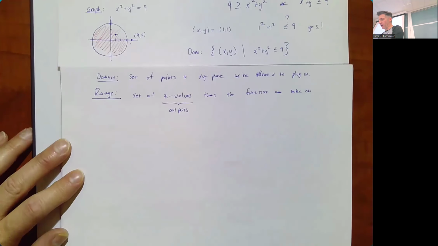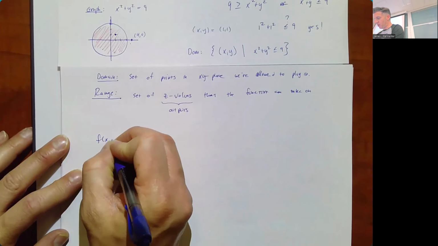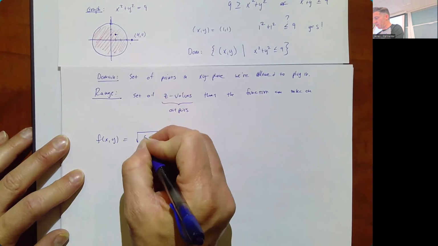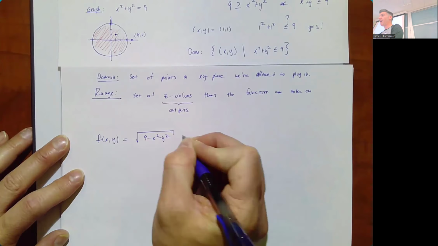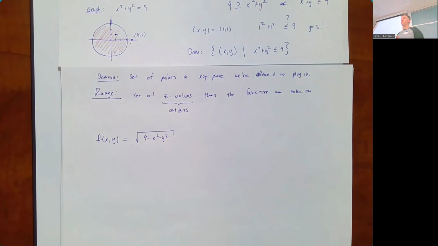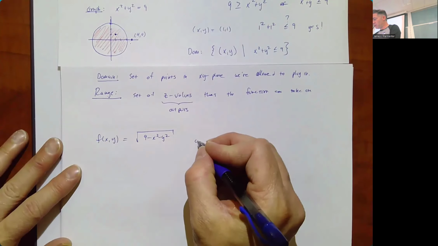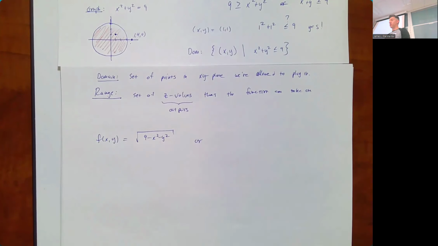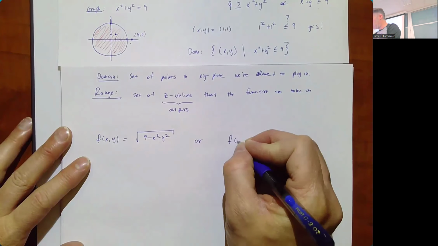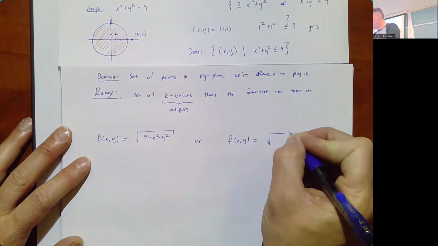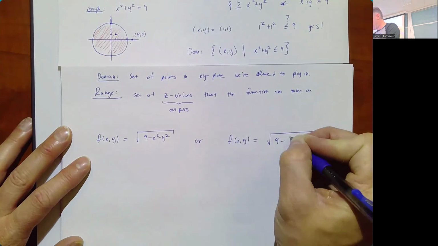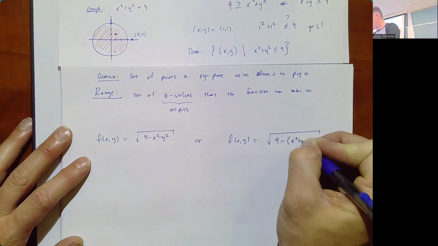So if I look at my f of x comma y equal to the square root of 9 minus x squared minus y squared, when you have an x squared plus y squared, I do find it advantageous to rewrite my function so that it does look like an x squared plus y squared. So I would write this as f of x comma y equal to the square root of 9 minus parentheses x squared plus y squared.